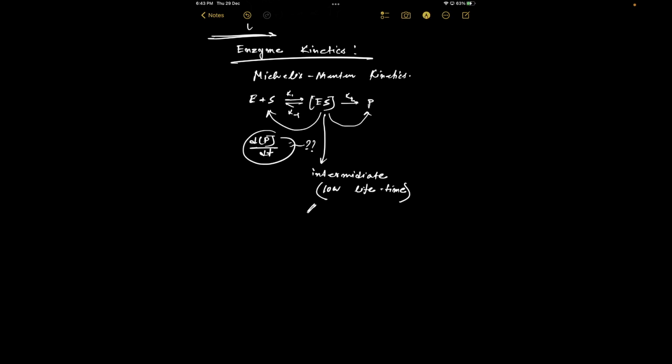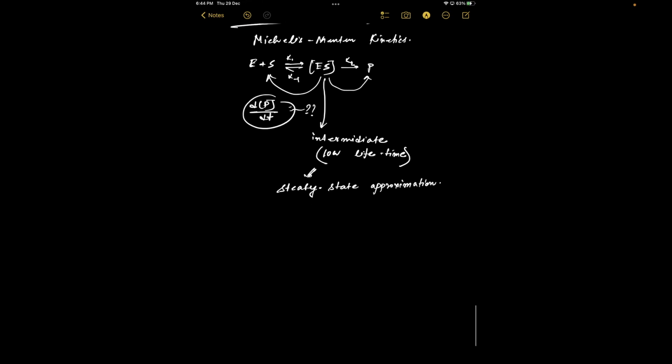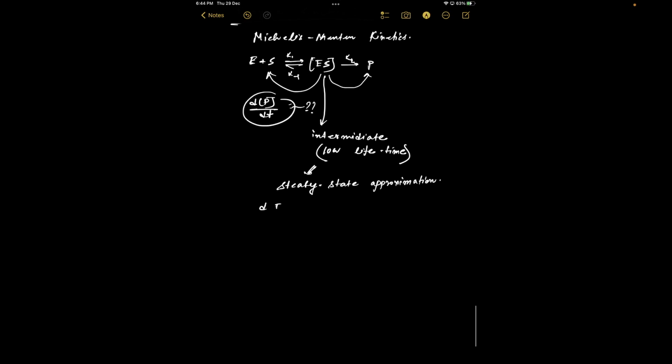We discussed it in the previous class. That means we can write d[ES]/dt equal to 0, that means the concentration of the enzyme substrate complex will not change with time. So this is the steady state approximation.